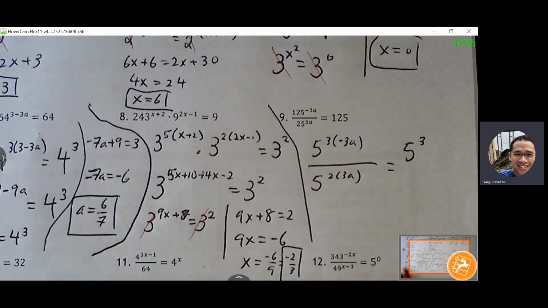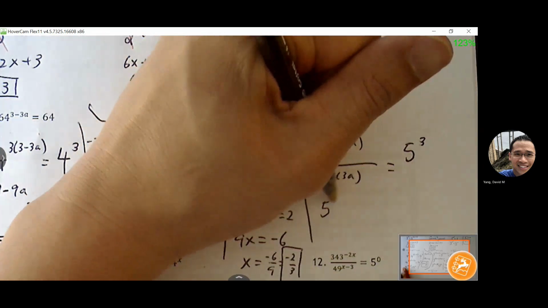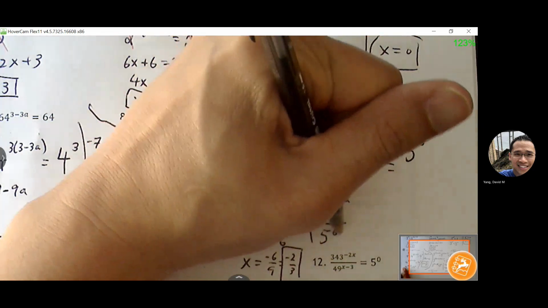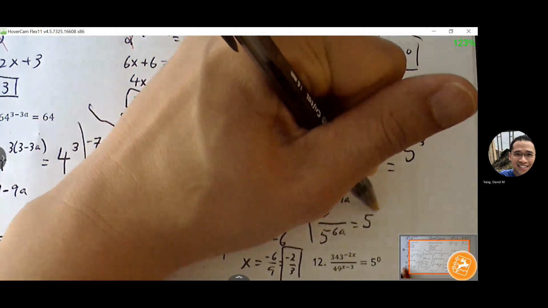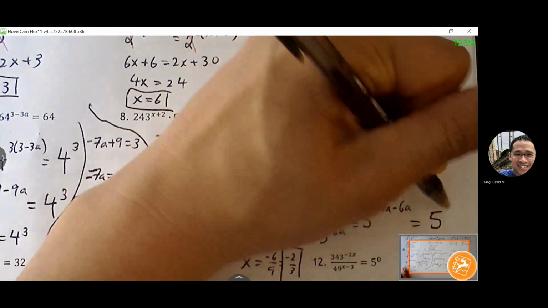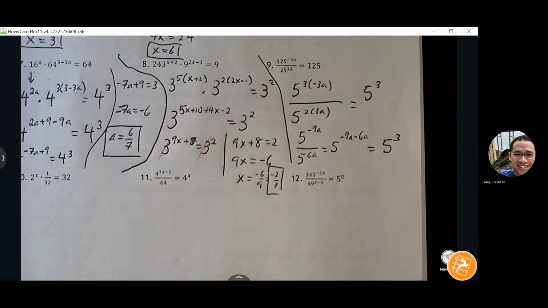So 5 to the negative 9a, negative 9a minus 6a. Bases match, cancel them out. Negative 15a equals 3.